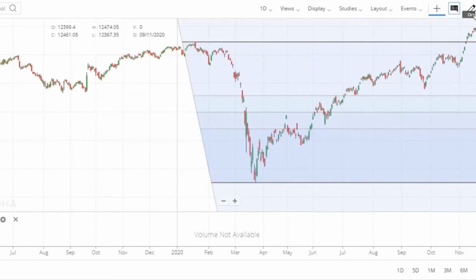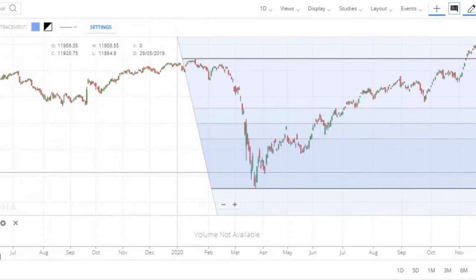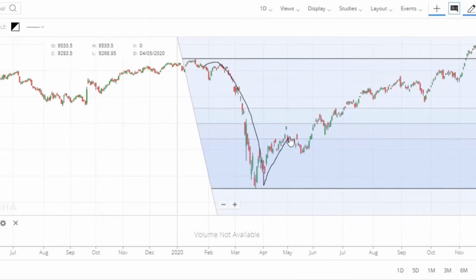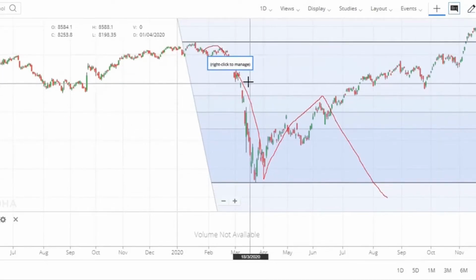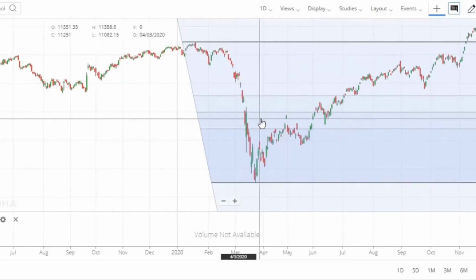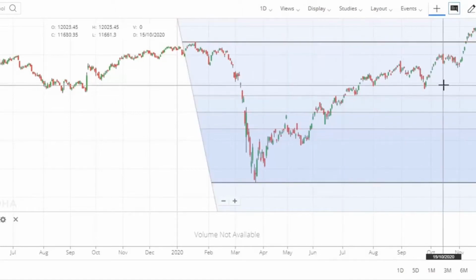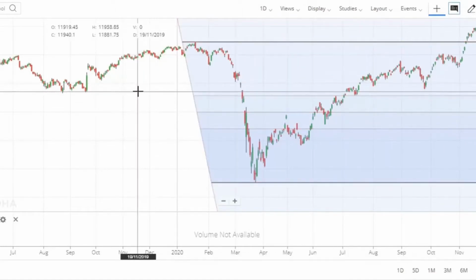Let's say Nifty came like this, so went up. Until and unless it's below 61, it can still just touch 61 and come down again. So until and unless it's below 61, we still count it as a negative retracement. But once it crosses above 61.8%, it is considered that the trend has changed.